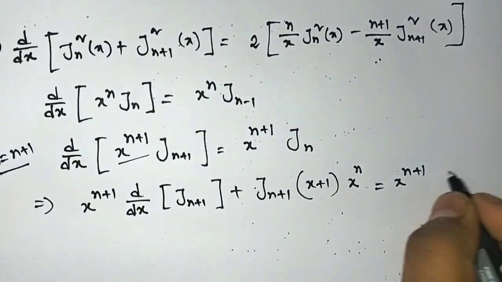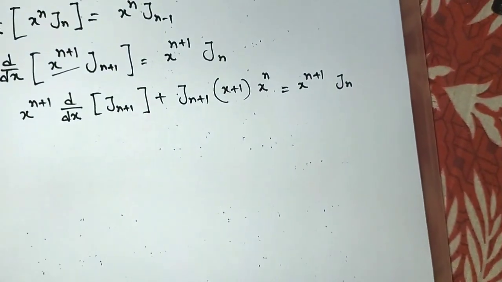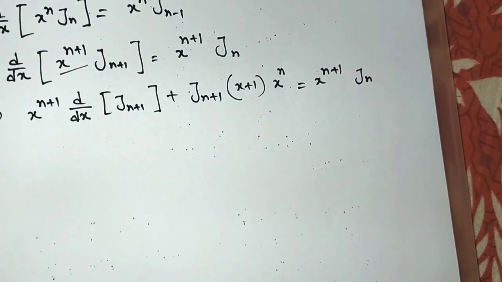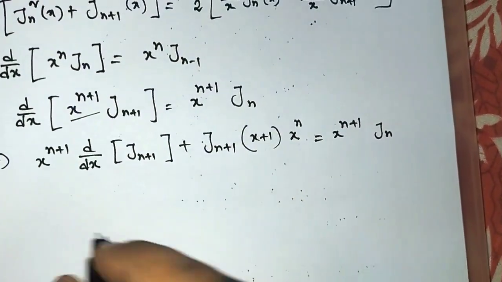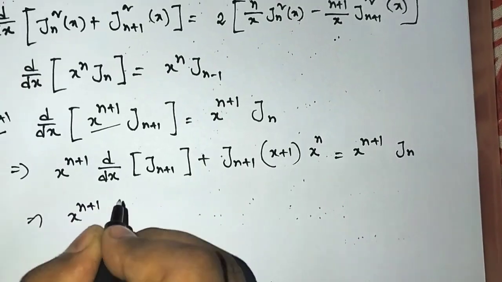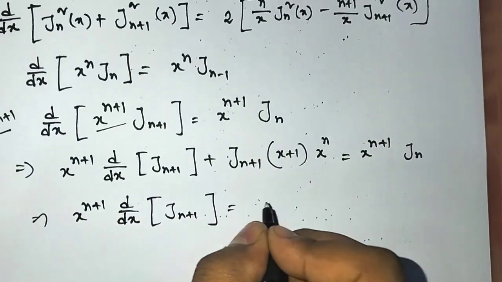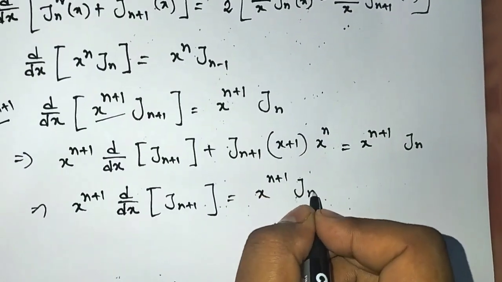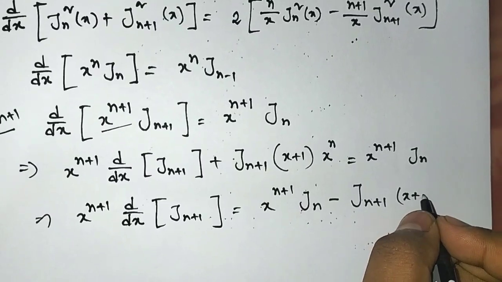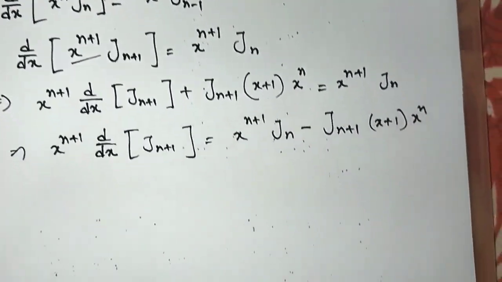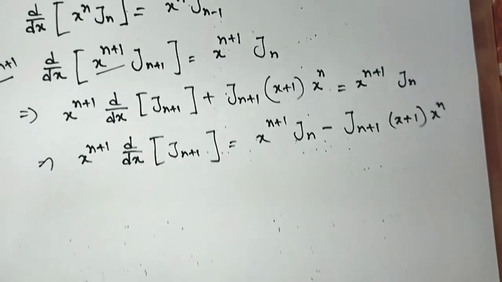Equals x^(n+1) Jn. Clear? Now x^(n+1) d/dx of Jn+1. So we can write x^(n+1) d/dx of Jn+1 equals x^(n+1) Jn minus (n+1) Jn+1 x^n.